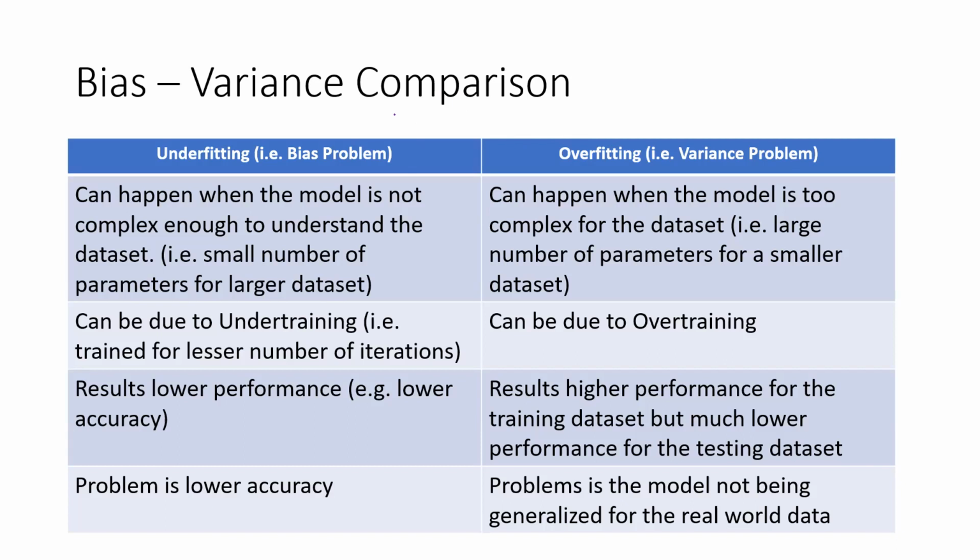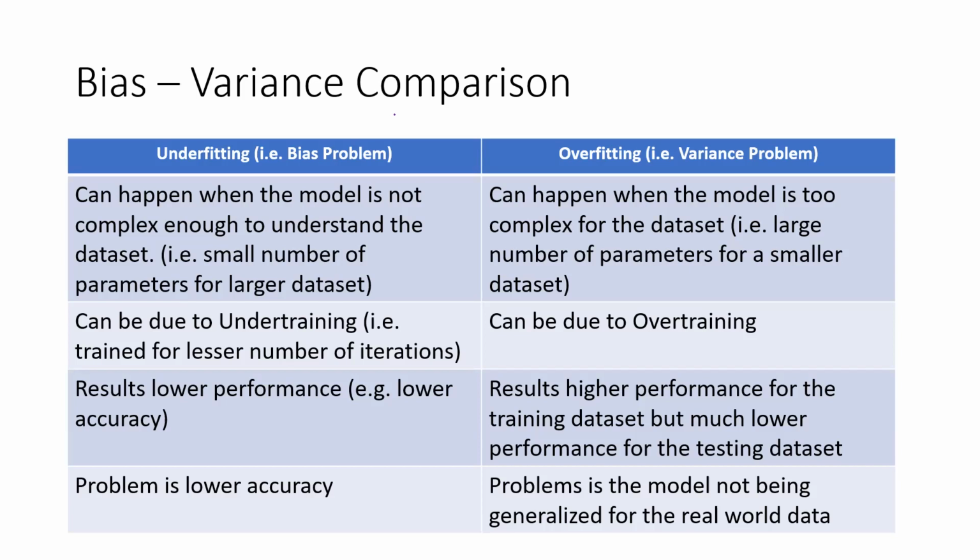These are very simple concepts, but they may need some more information to understand if you haven't got them completely. In the first case, underfitting can happen when the model is not complex. We said that when you have a small number of parameters, the bias problem can happen.